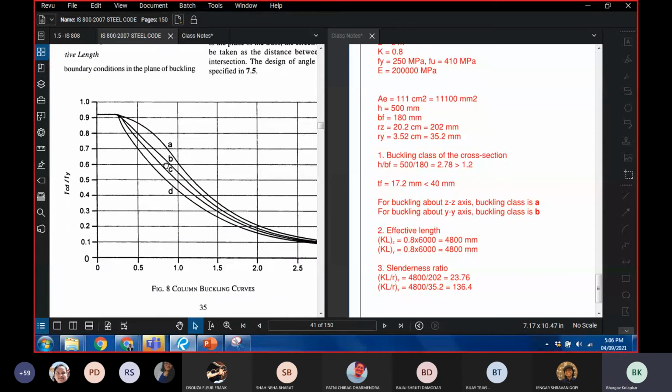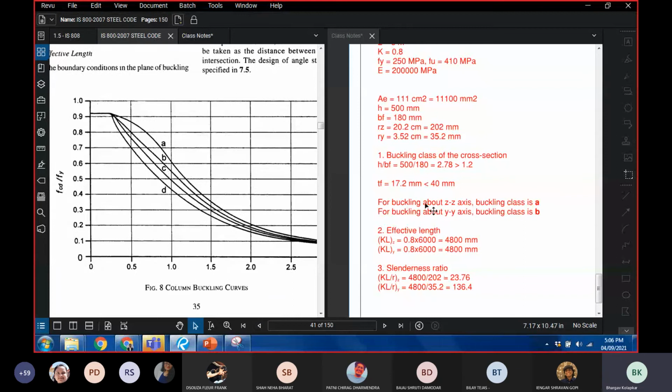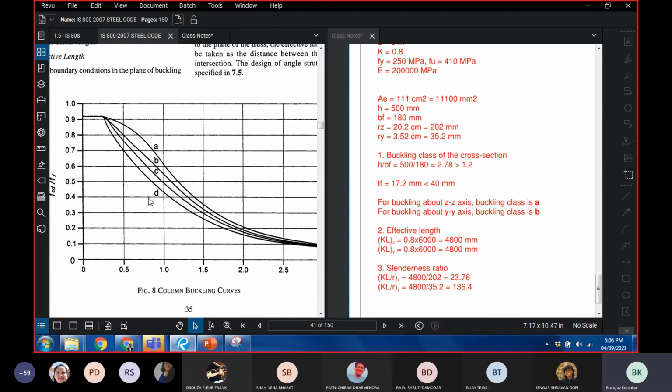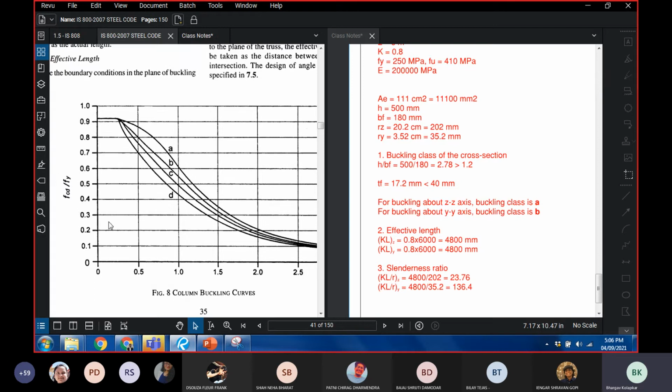Okay, when we are finding out the buckling about the z-axis, we have to look at curve A. And when we are looking at buckling about the y-axis, we have to look at curve B. Now the problem here is that we are just using the information given in this curve. How do I accurately determine what FCD is?